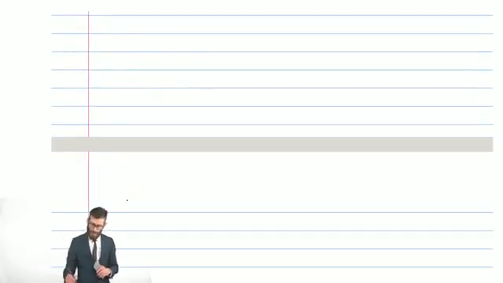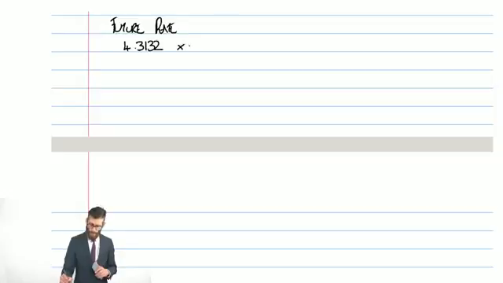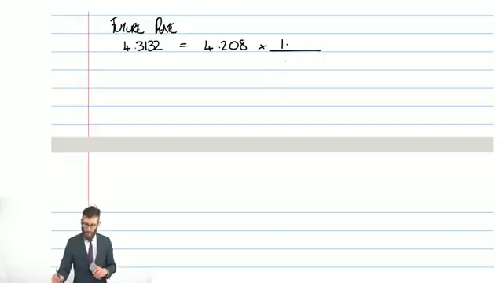What we're asked is, if the future rate equals 4.3132, and we know that that is because the spot rate is 4.208 multiplied by 1 point something, divided by 1.04.